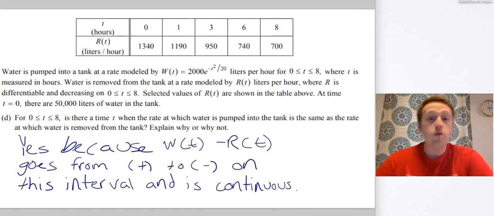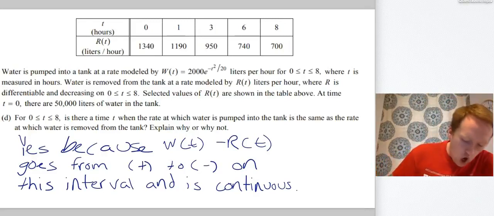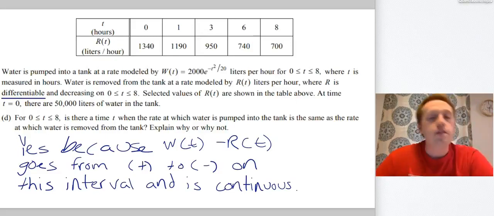Okay, so the reason that I know it's continuous is because W of t is an exponential function. Those are continuous. And it says R of t is differentiable. If a function is differentiable, it must also be continuous.